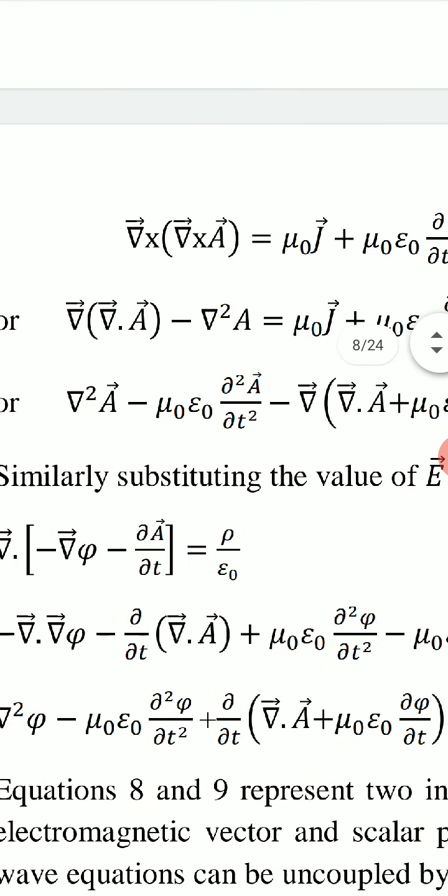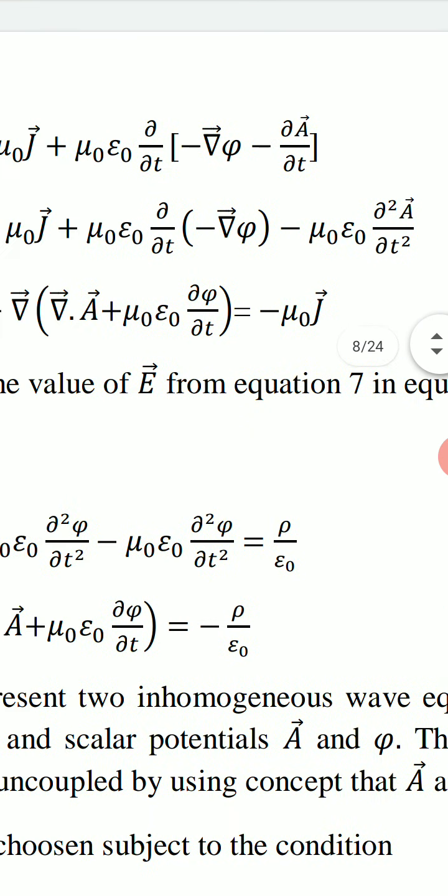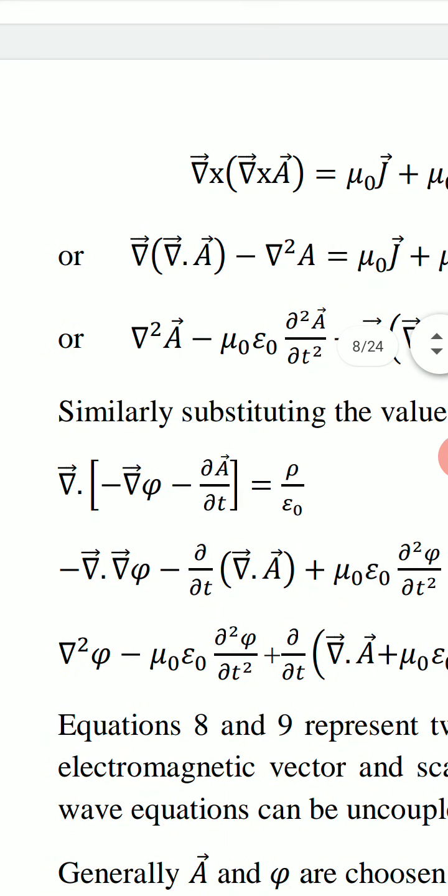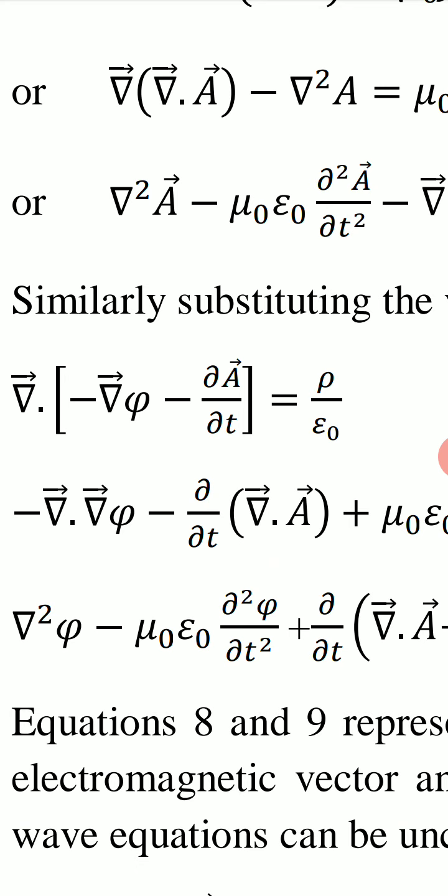Similarly, substituting the value of E vector from equation 7 in equation 1, we get del dot of minus del phi minus delta A upon delta T equal to rho upon epsilon 0.